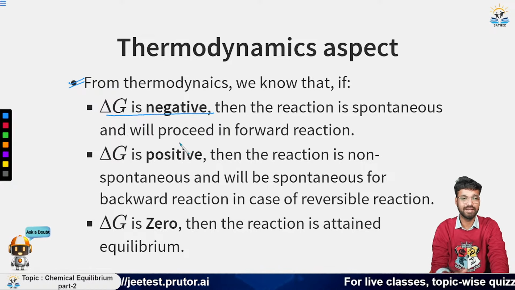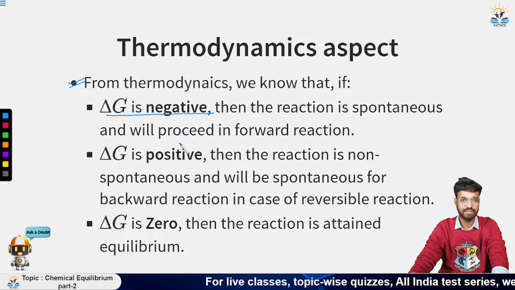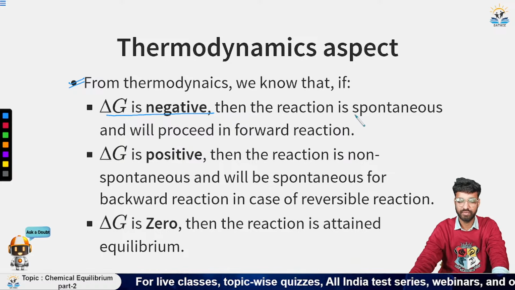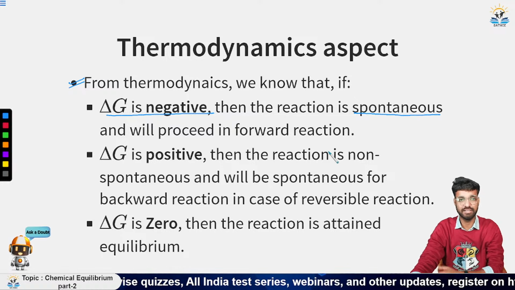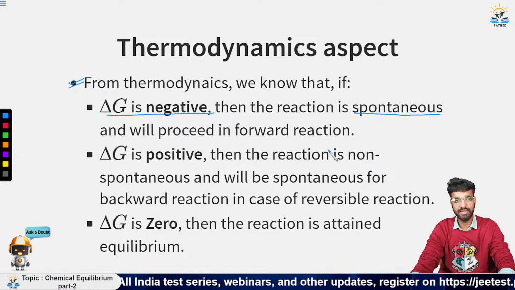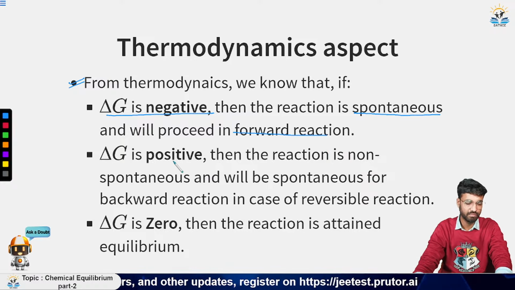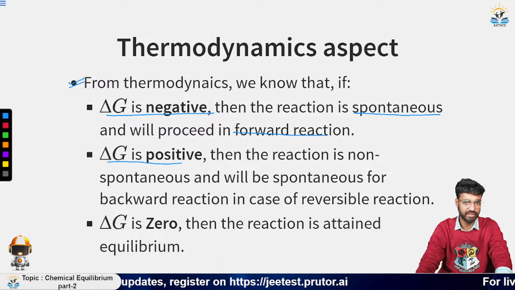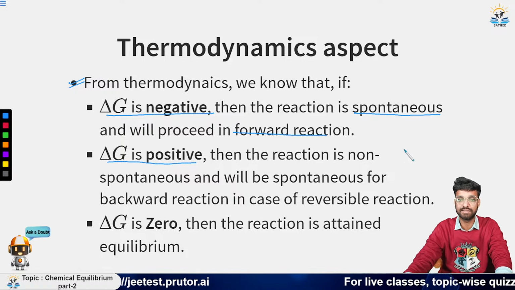We have seen in the earlier class that if delta G is negative, then the reaction is spontaneous. So for a reaction to be spontaneous, the delta G should be negative, and it will proceed in the forward direction. But if delta G is positive, then the reaction is non-spontaneous and will be spontaneous for the backward reaction.